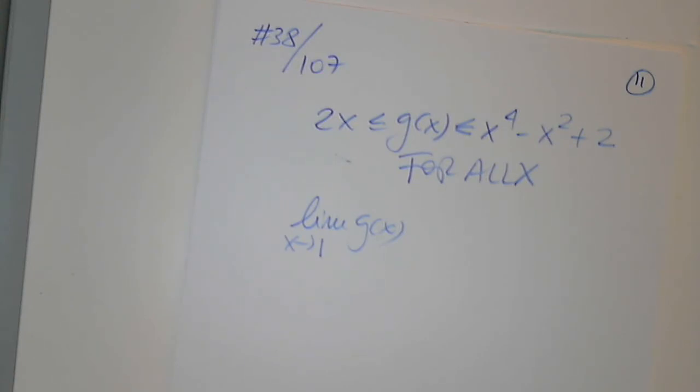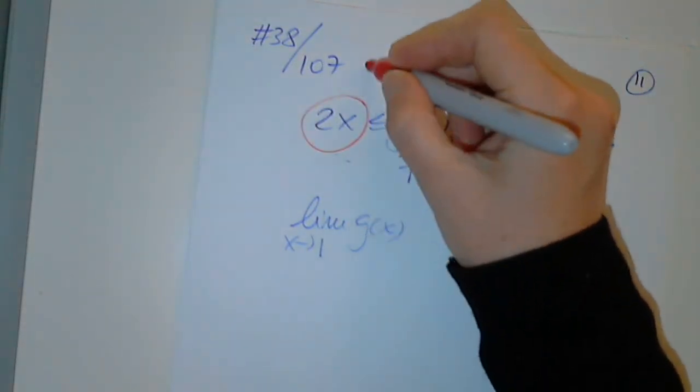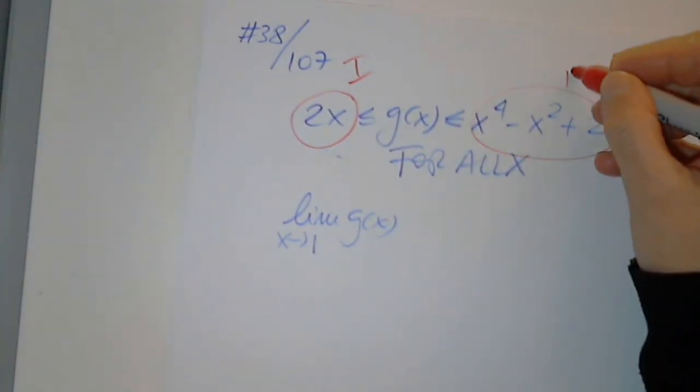Now, I hope you agree that what we are given is the fact that the function is squeezed between two functions. Not just near a point, but for any x. This function, g of x, is squeezed between function 1 and function 2.